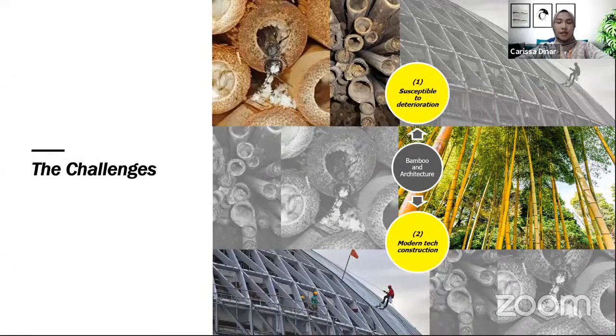The challenges might be, first, susceptibility to deterioration. Firstly, bamboo is susceptible to the detrimental impacts of not only insects but also rot, fungi, and fire. So it does need to be treated correctly both inside and out.